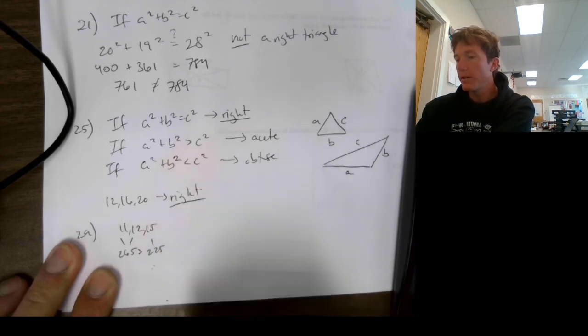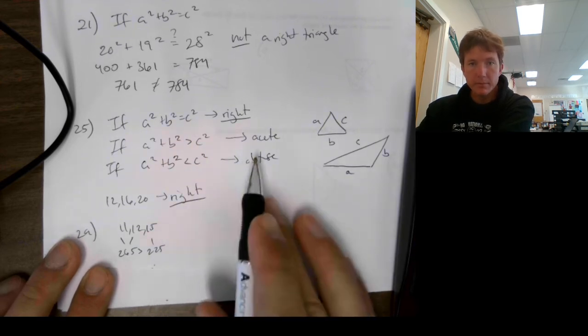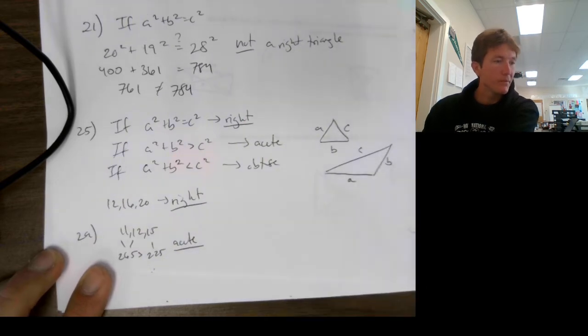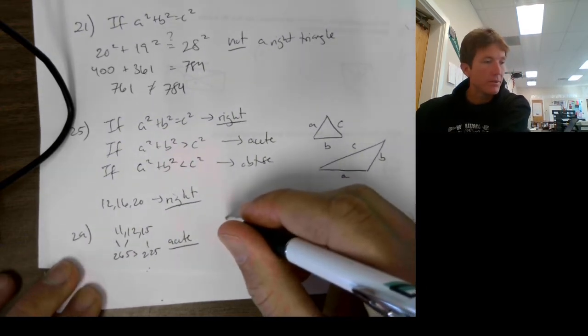Notice how a squared plus b squared is greater than c squared. So this is going to be an acute triangle.